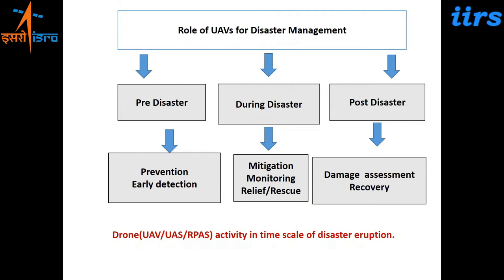You can easily do a damage assessment. In a pre-disaster risk situation, drones can do surveying, mapping, risk profiling, disaster risk mitigation, and disaster preparedness. So in all aspects of disasters, drones can play a significant role.